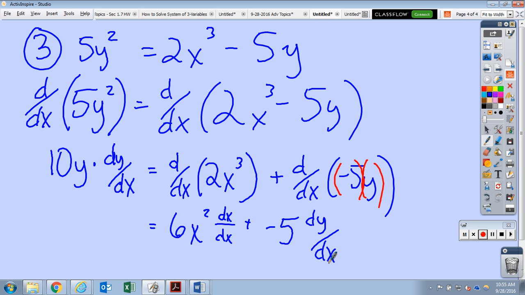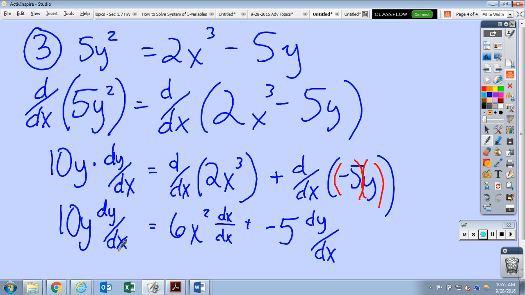So essentially you're treating it like product rule as two separate things. When you treat it as a product, you'll play it safe, and you'll get it right every time. Then again, eventually, when you do enough of them, it's just like, okay, negative 5 dy dx. But I'm going to present it in a way that's very broken down, very organic, and then go from there. So here we have 10y dy dx is equal to all of this.